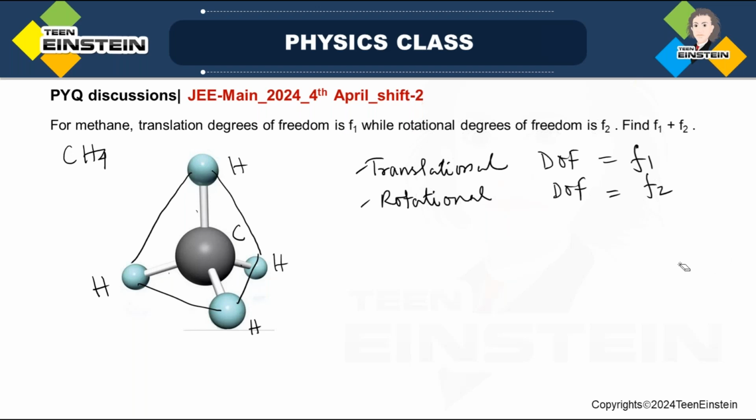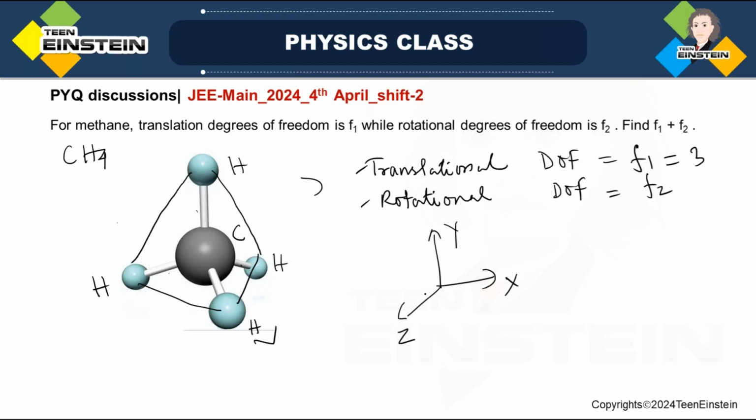In 3 dimension, see this object, if I move this object, this can be moved in this direction, and also along this direction. So along three mutual perpendicular directions, that means along x direction, along y direction, along z direction, I can move this three-dimensional object. This shape, see, this is the molecular structure of methane. So methane can be moved in any three directions, okay? So translational degrees of freedom will be 3.